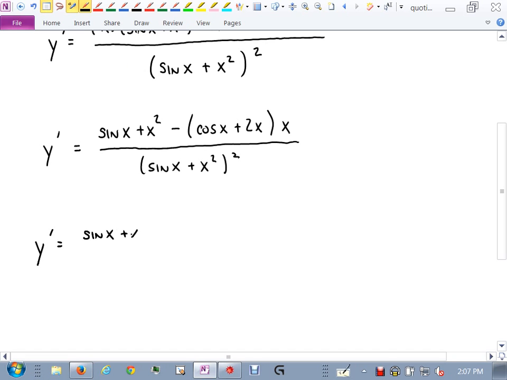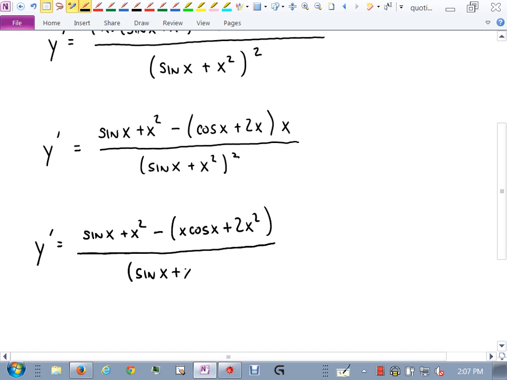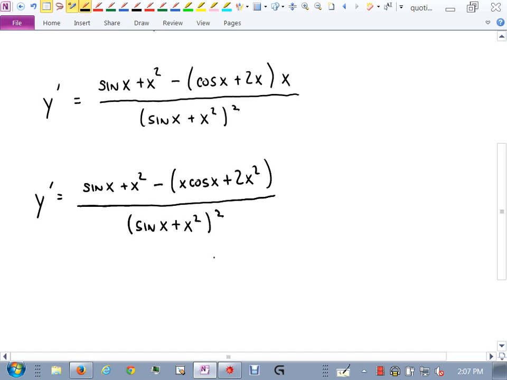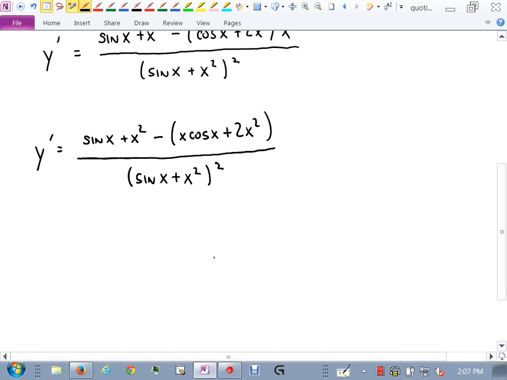Sine x plus x squared. Minus, I'll distribute the x through first. Now to drop the parentheses, I have to pass that thing through, right? The negative?